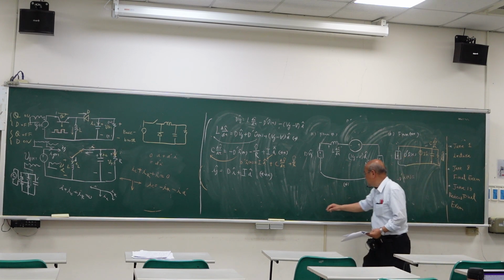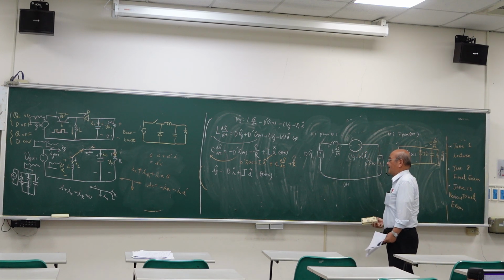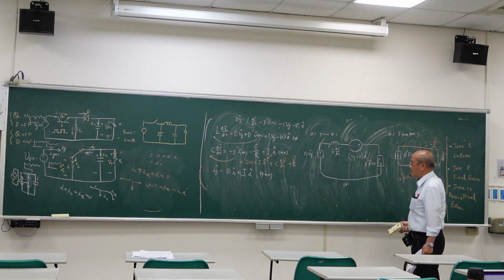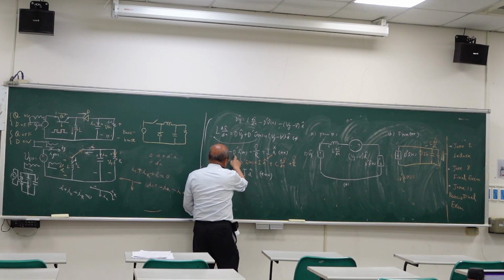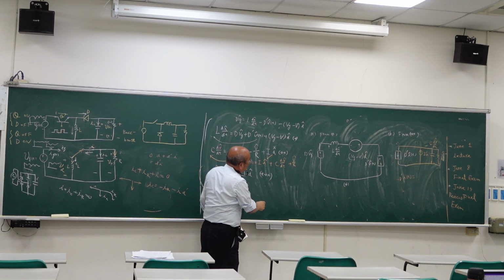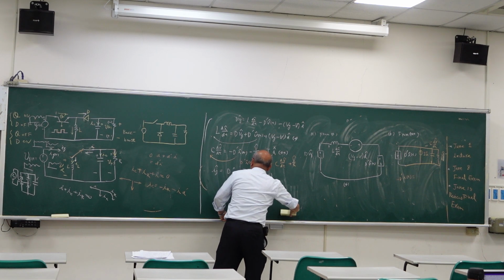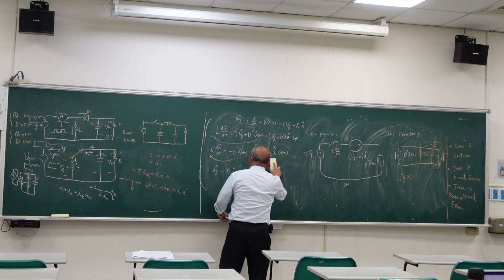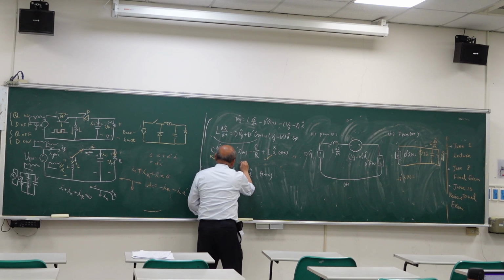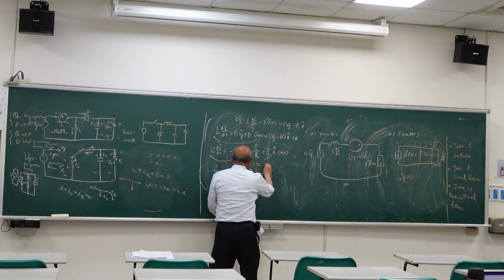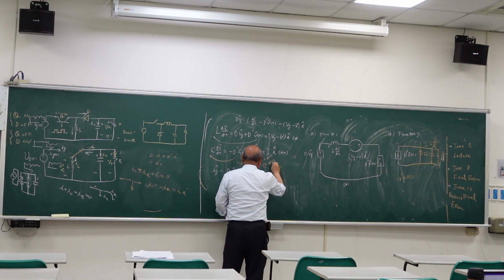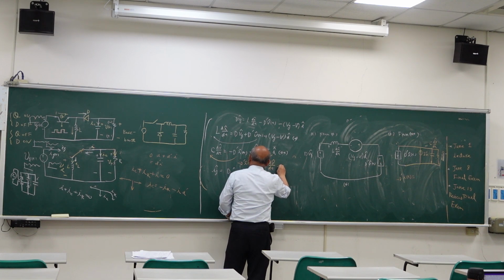If we keep this one, minus d hat I t equal to what? C dv dt plus v hat r minus I d hat.